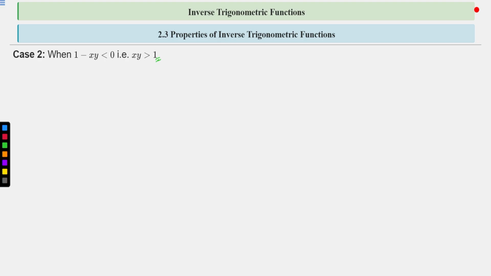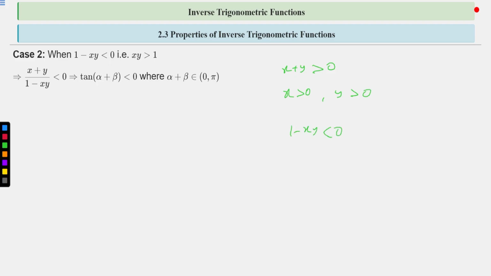Then (x plus y) upon (1 minus xy) will be less than 0, because x plus y will always be greater than 0, as x is greater than 0 and y is greater than 0, and the denominator is less than 0. Therefore, (x plus y) upon (1 minus xy) will be less than 0.